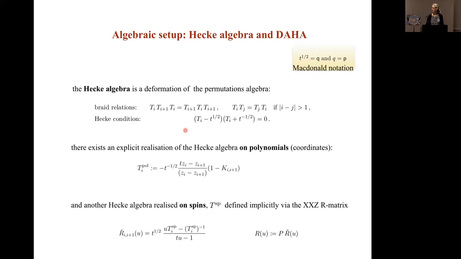In order to realize this Hecke algebra, you can either use the spin operator. So in the XXZ model, this Hecke algebra is hidden in the expression of the R matrix. You can check that this expression together with this Hecke relation ensures that Yang-Baxter is satisfied.